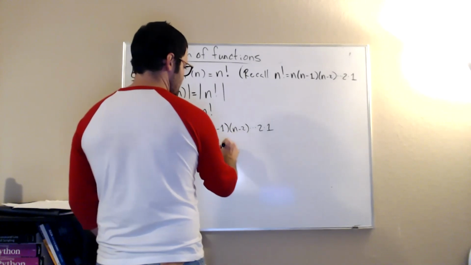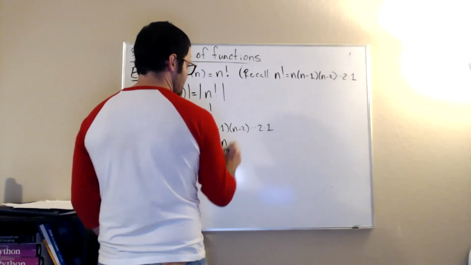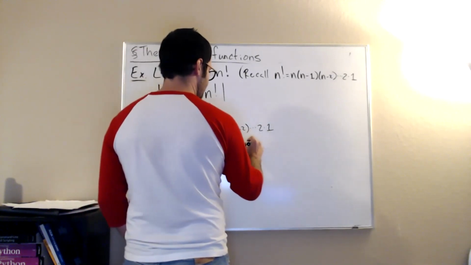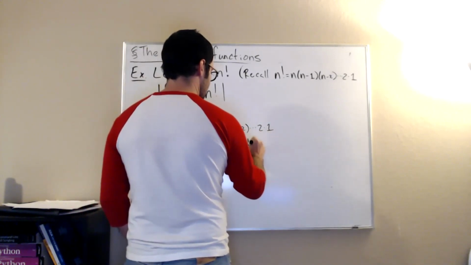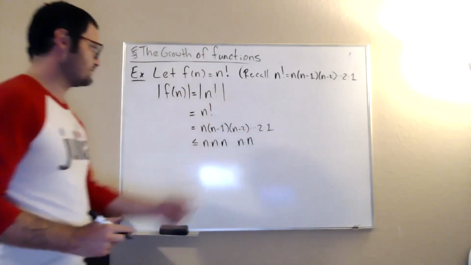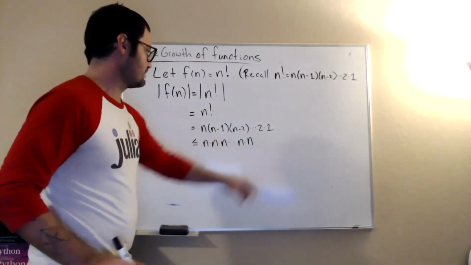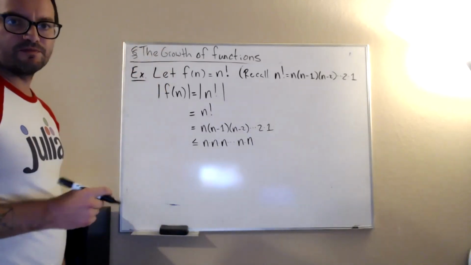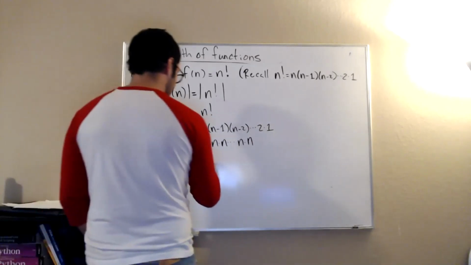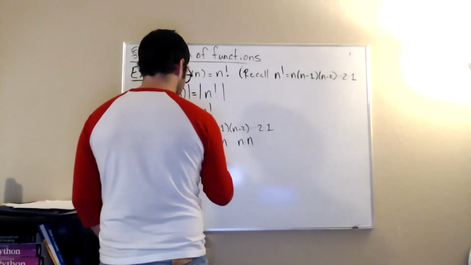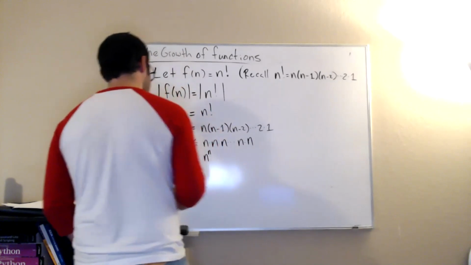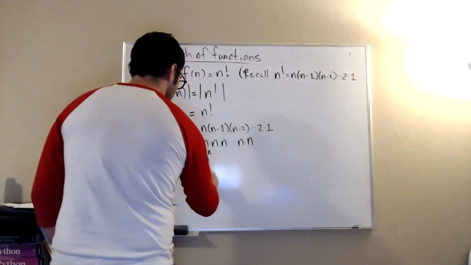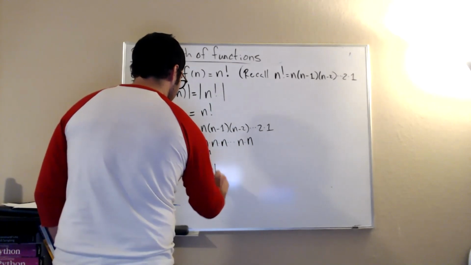N minus 2 is less than or equal to n, dot dot dot, all the way through. 2 is less than or equal to n, and 1 is less than or equal to n. So we get this upper bound here. How many n's are there? There's n of them, so n being multiplied n times. This will be equal to n to the power of n, which is the same thing as saying the absolute value of n to the power of n.